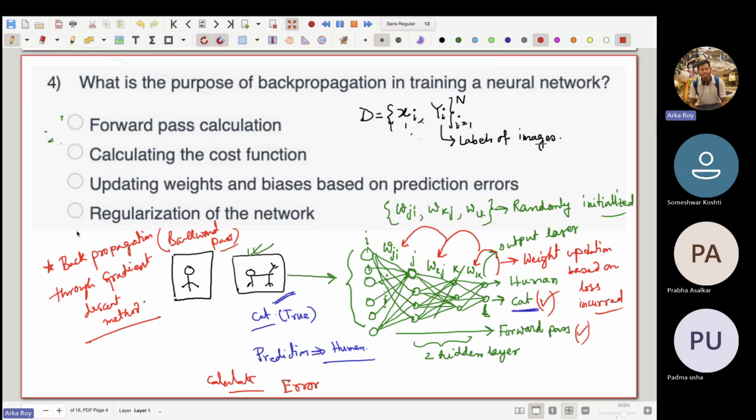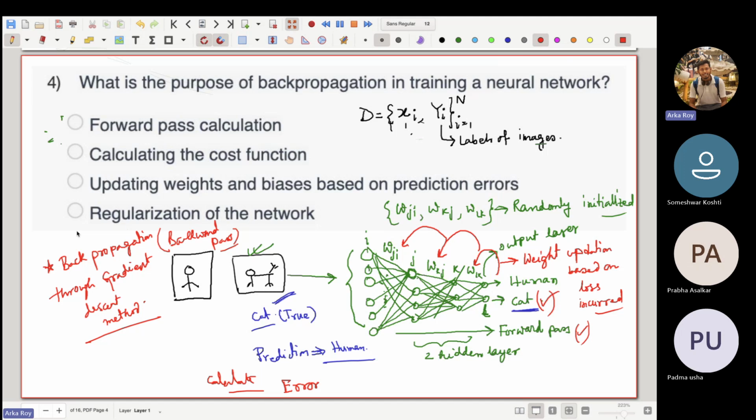The main objective of backpropagation is to update the weight values such that you make the correct prediction, because that is your ultimate goal. You start with randomly initialized weight values in the neural network architecture, and subsequently, over a number of epochs, you learn these weight values such that you do the correct classification.